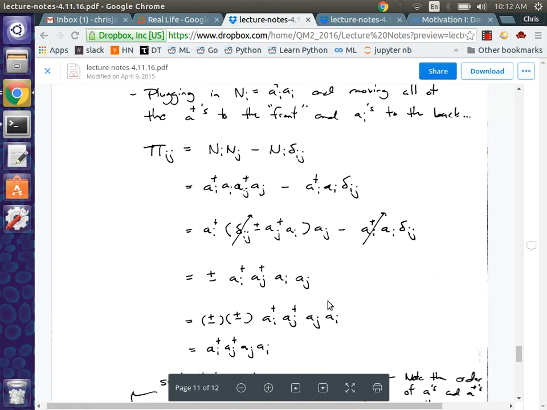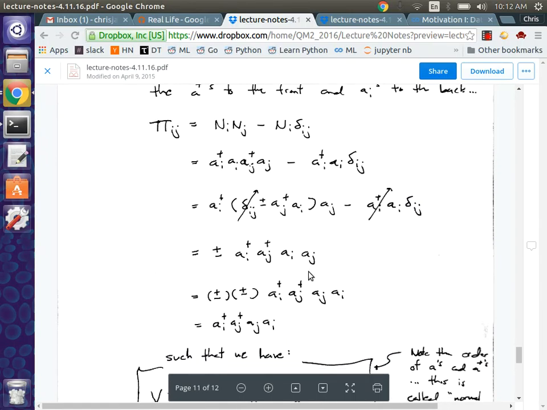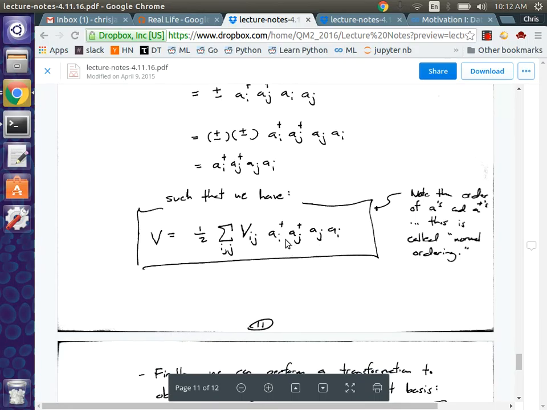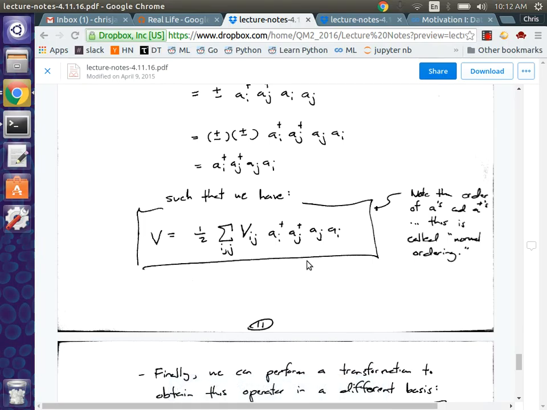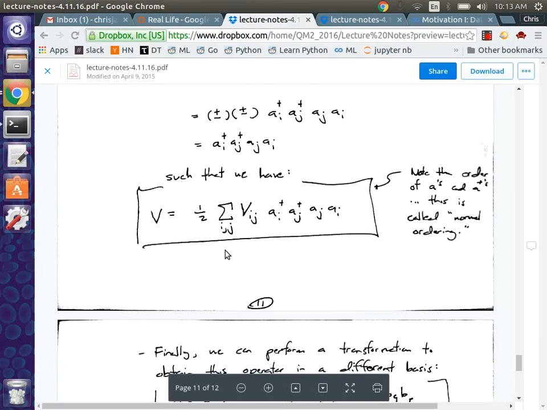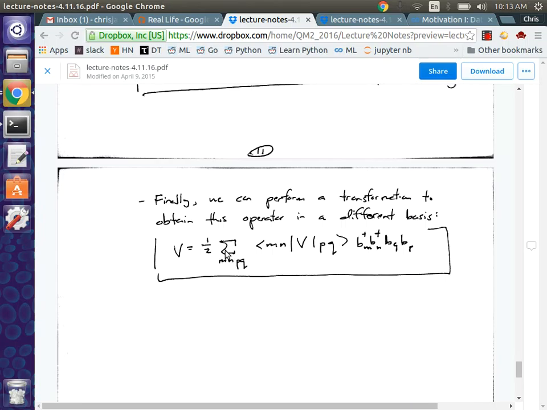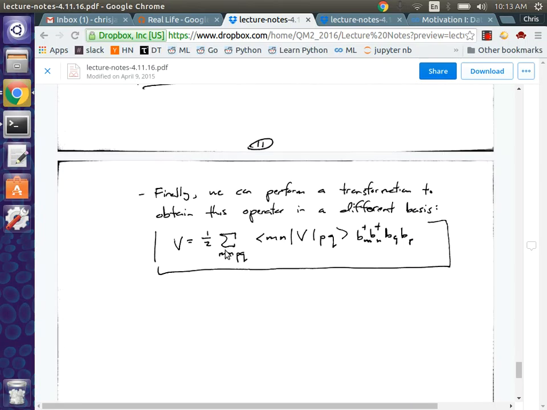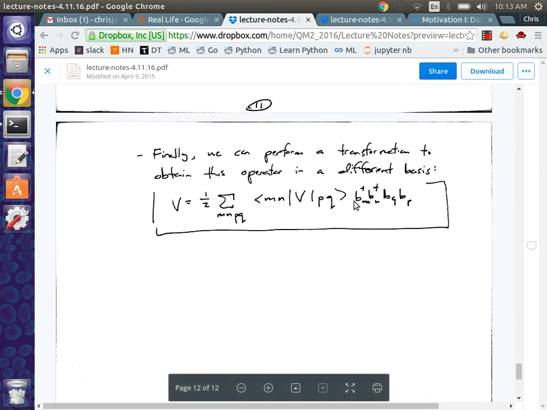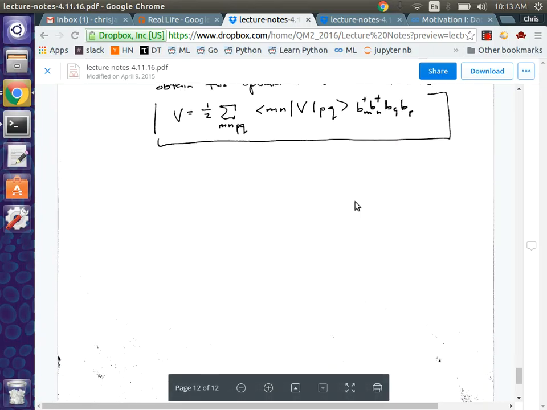But you can see that if I move these around, I'm going to get something that goes like N squared, right? Which makes sense, because we have two particles, and so we should have two factors of big N as we sum over these. Okay? Makes sense? Okay. And this is the operator that you would write down in some general basis.